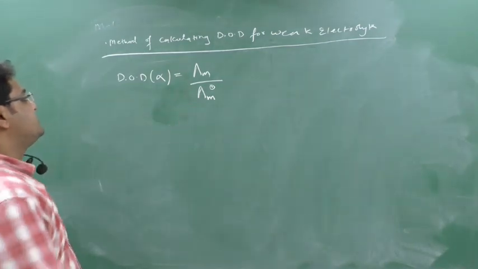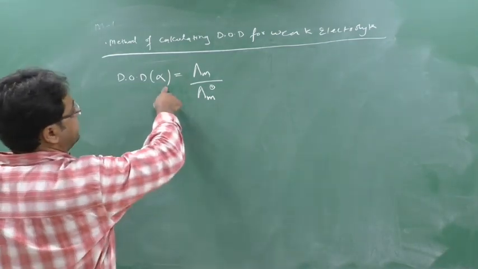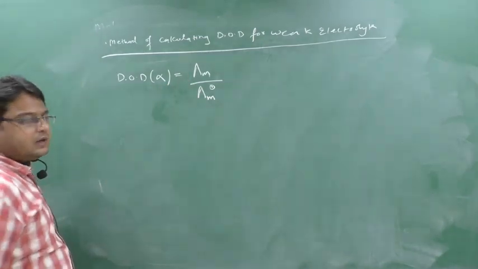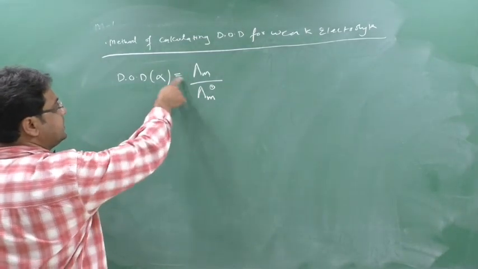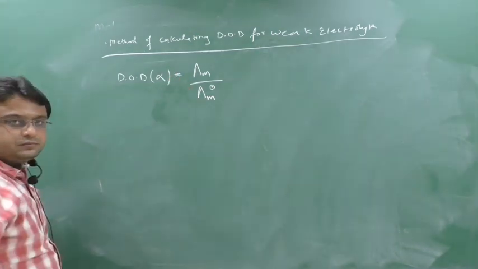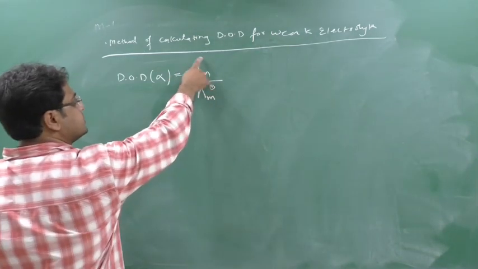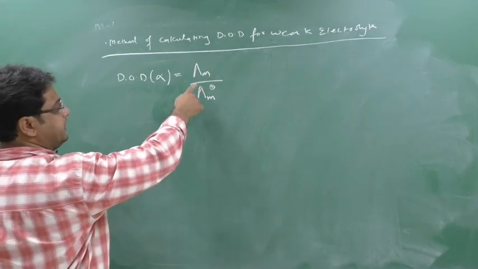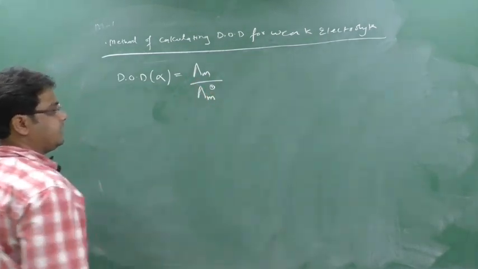The degree of dissociation is indicated as alpha, and alpha means lambda m by lambda m naught. The definition you can make from here, that it is defined as the ratio of molar conductivity of the solution at given concentration to the molar conductivity of the solution at infinite dilution.